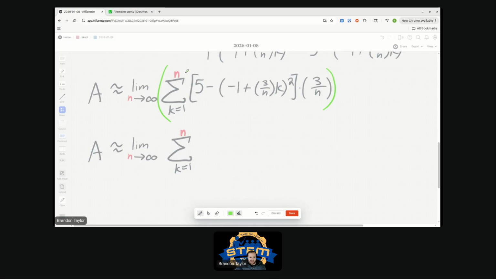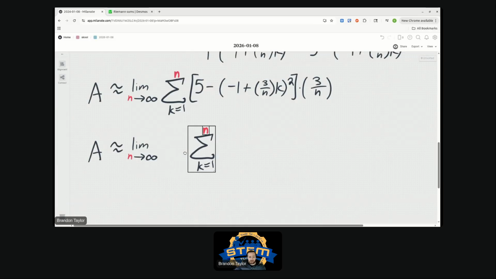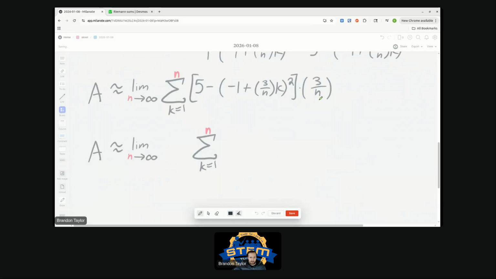When you think of it like that, for the summation you have to think of n as a constant. We're leaving it as a variable so that we can take the limit later, but for the summation it is a constant in each term.